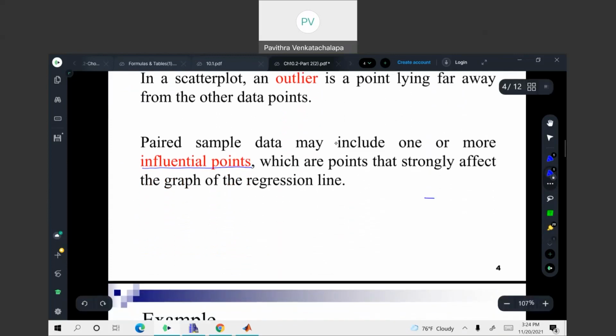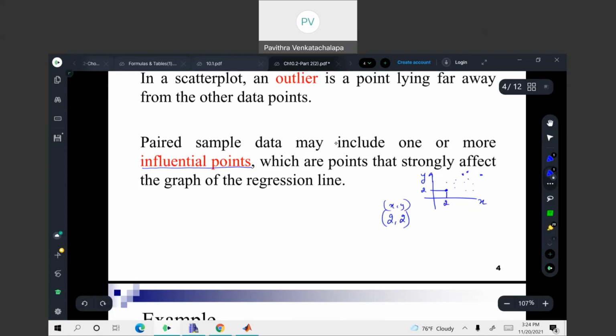For example, you have a scatter plot and you have some data points. Let's say this position is 2, 2. Then how do you write your ordered pair? You write it as 2, 2, x, y.